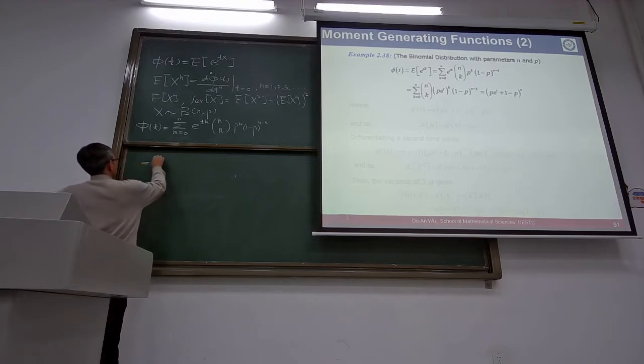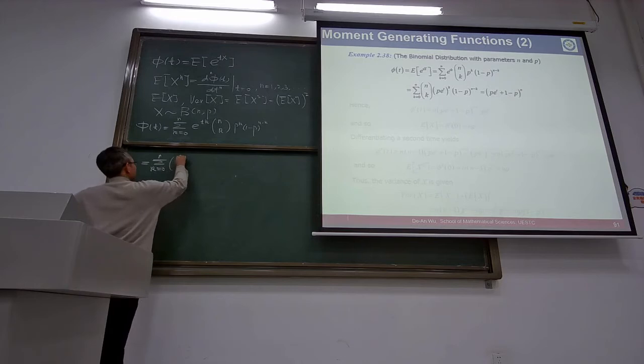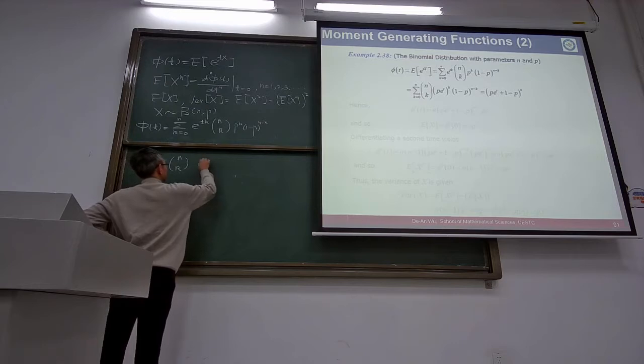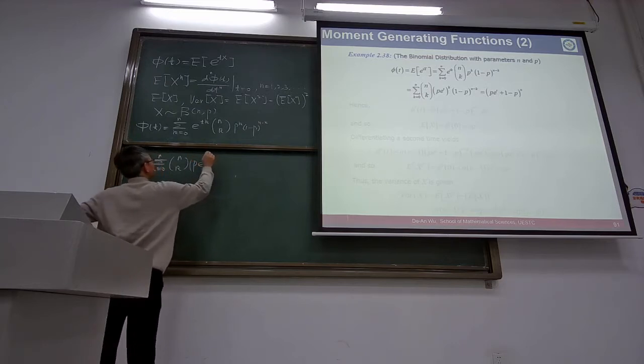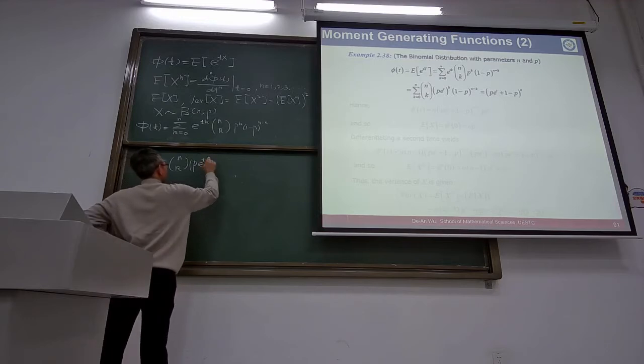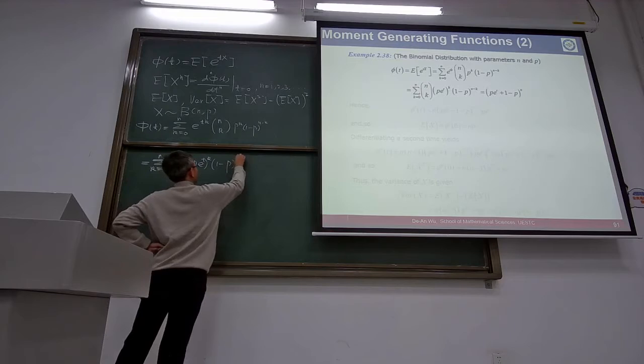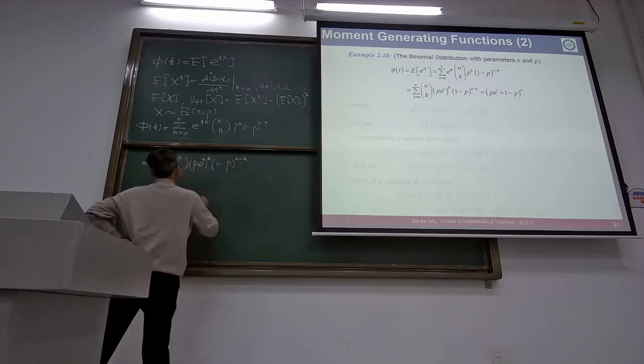This gives the sum over k from 0 to n of n choose k times p e to the t to the power k times 1 minus p to the n minus k.